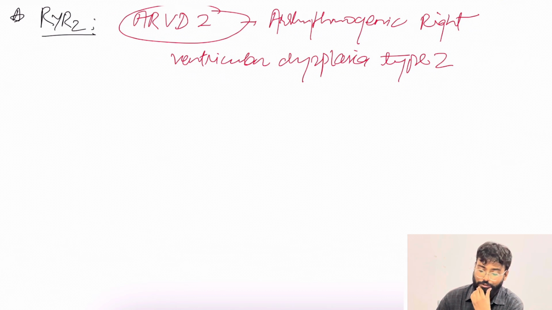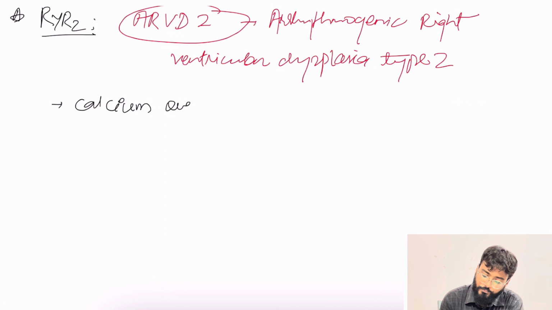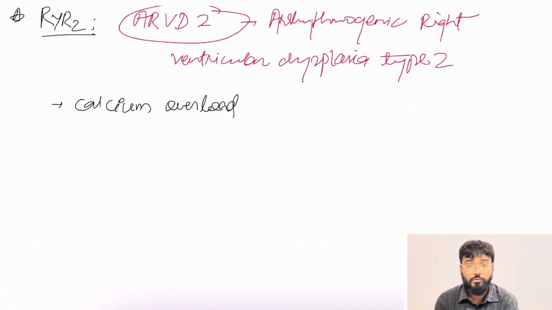So what happens in this case? As you know, the ryanodine receptors as a whole are responsible for release of calcium ions. So if they are less functioning, there will be increased calcium inside the sarcoplasm. So there will be calcium overload. What will calcium overload cause further?